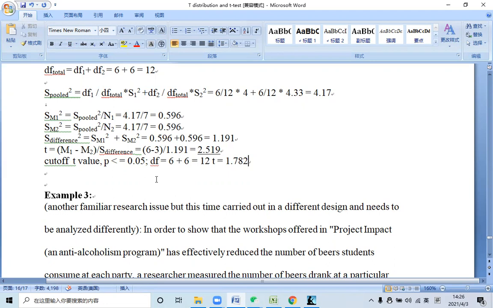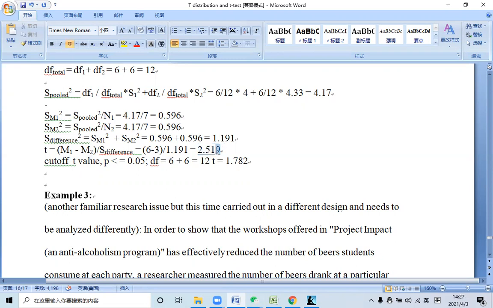We do this because if the null hypothesis is true, there is less than a 5% probability that we would observe a t-value this large.